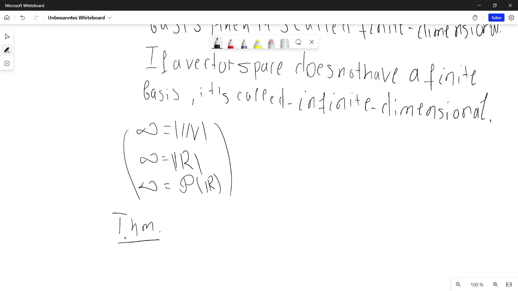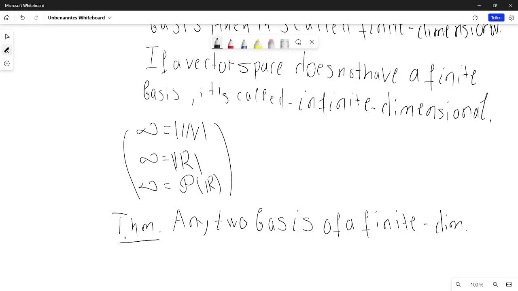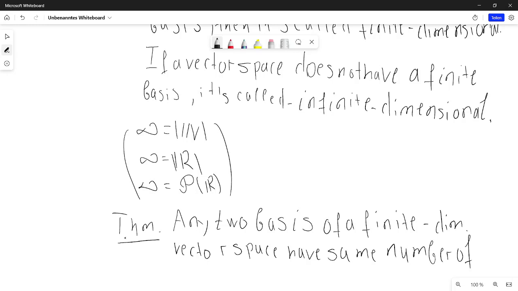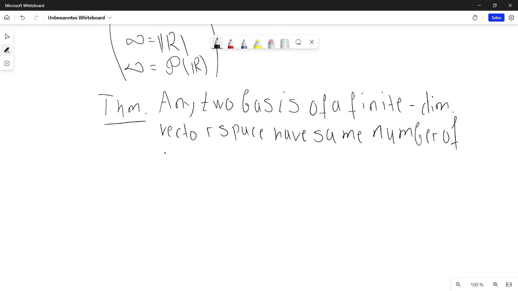Theorem: any two bases of a finite dimensional vector space have the same number of elements, and if it is a number, it's finite.